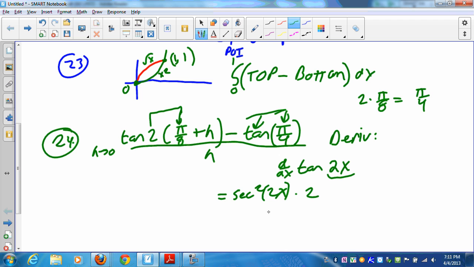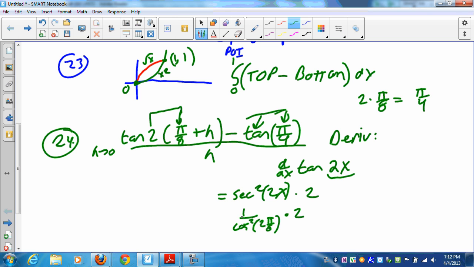So, excuse me, at pi over 8. So we have the secant squared, which is 1 over cosine squared of 2 pi over 8, and then we're going to multiply that by 2.